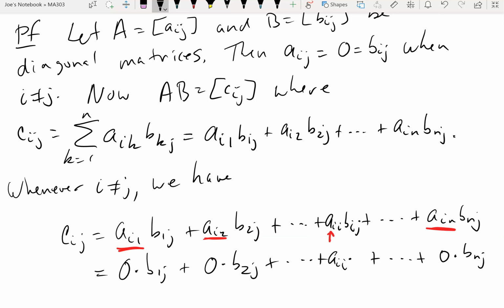But what are we assuming about i and j? So the relationship between i and j, what are we assuming? Are i and j the same? No. You say whenever i is not equal to j, correct? Okay, so what do we know about the b's now?